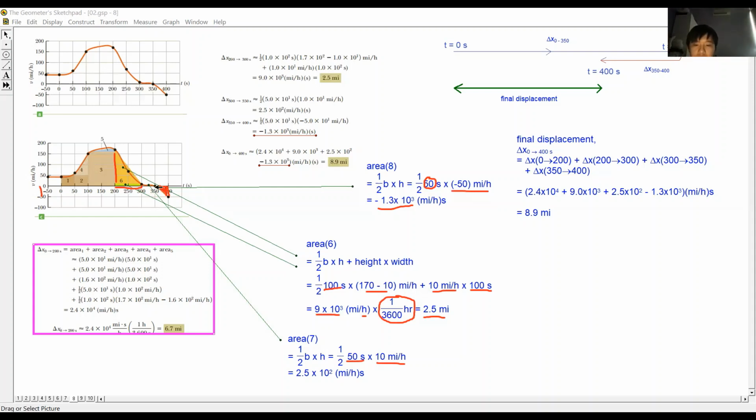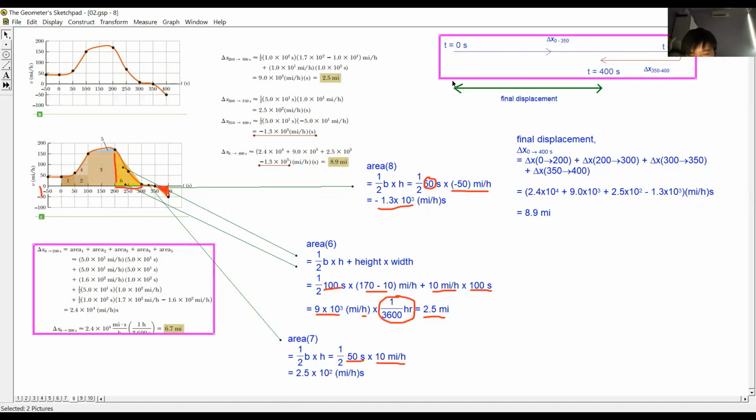And from 350 to 400, they move backwards. This is shown by the area under the x-axis. So it's a negative area. Negative area means it is moving backwards. Of course, you cannot see it from this diagram here, so I show you over here.